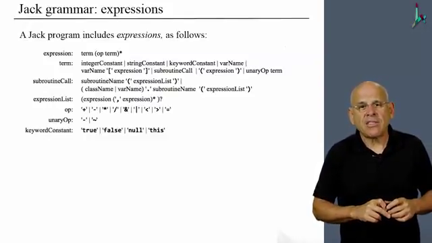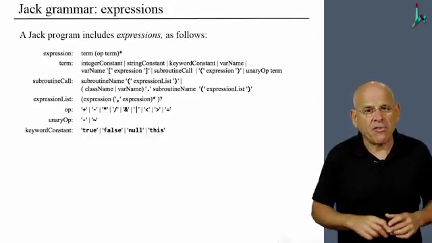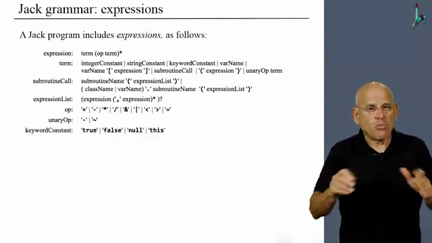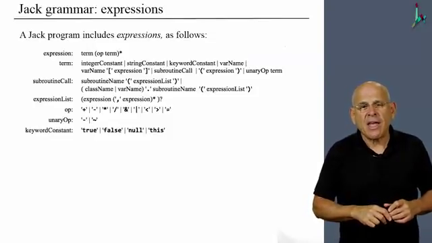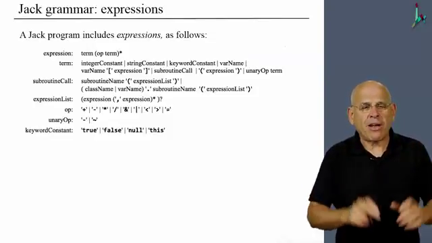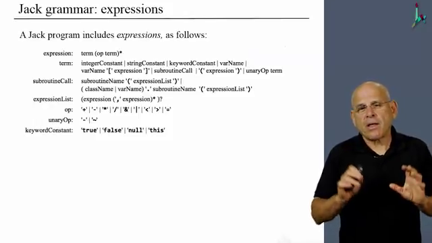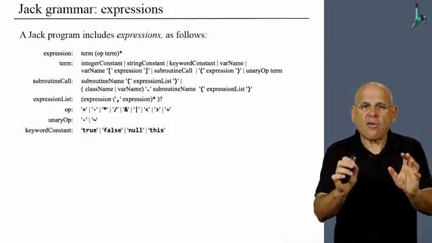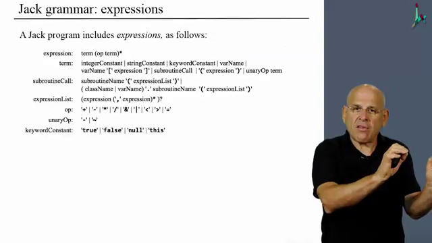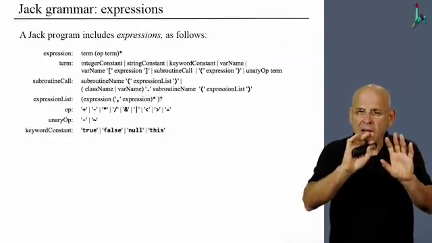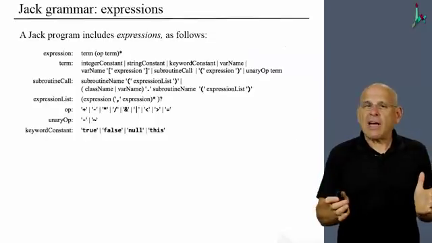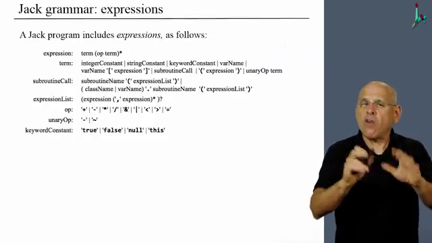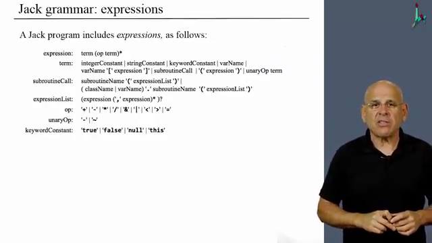As you see, the term rule is a little bit involved, much more than the simple grammar that we saw previously. In fact, the handling of expressions is somewhat tricky, and therefore I would like to defer it to the end of the unit. So please bear with me. We'll put expressions on the side, and I'd like to summarize what we did so far, and then I'll go back to the handling of expressions.